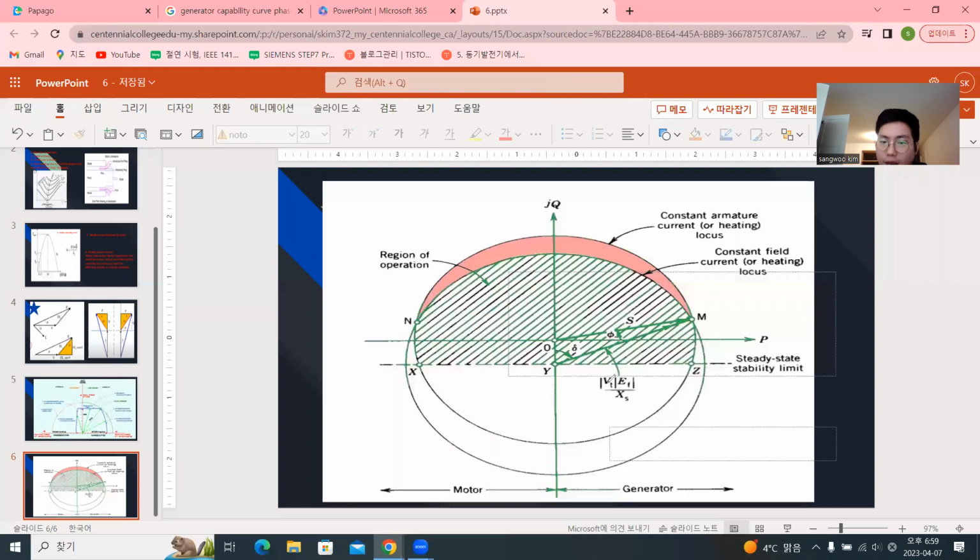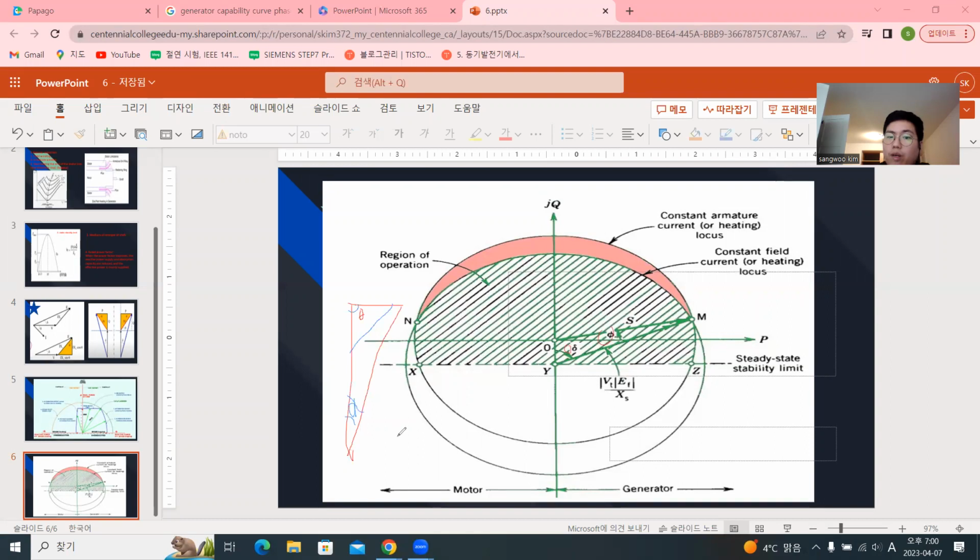So what I wanna explain is one. Look at here, and the picture was here, right? And here is delta, the torque angle, right? And here, let it be theta, right? So theta and delta, right?